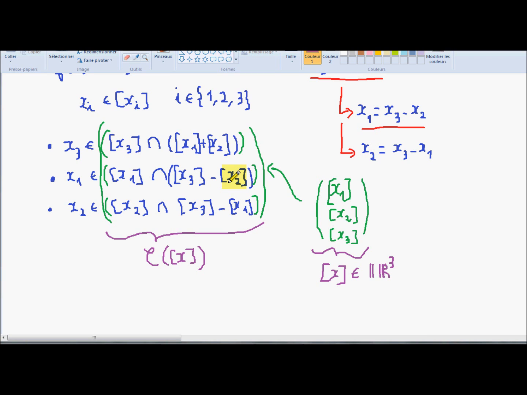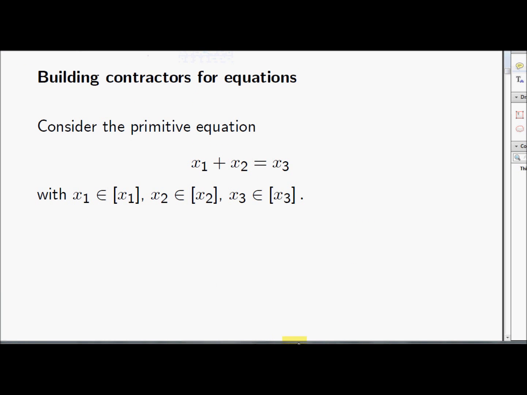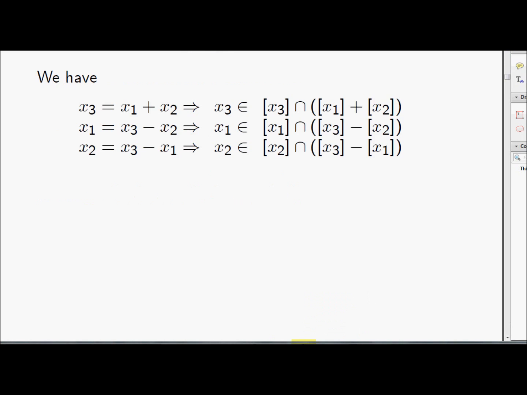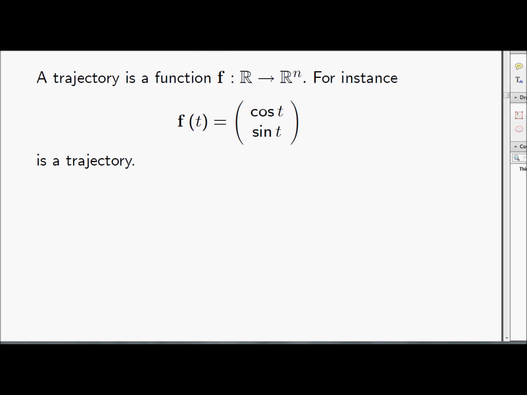Okay, now I will introduce interval trajectories. For us, a trajectory is a function from R to Rn. Here is an example of trajectory.